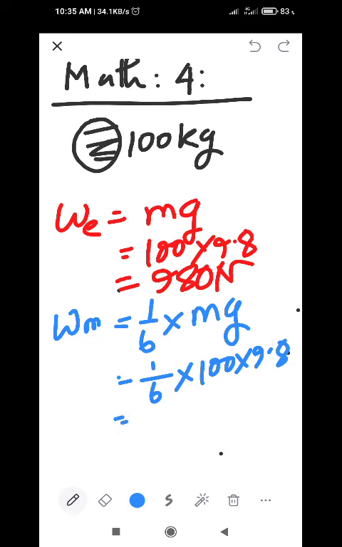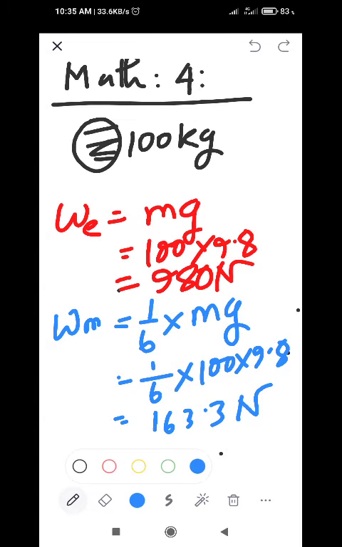What will be the result of this? 163.3 Newton. So now the difference, right?